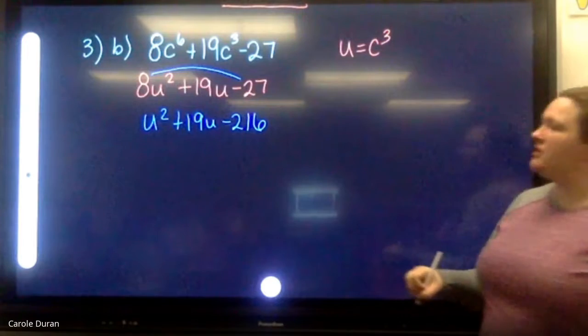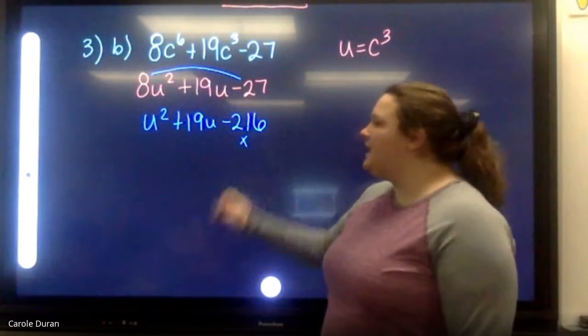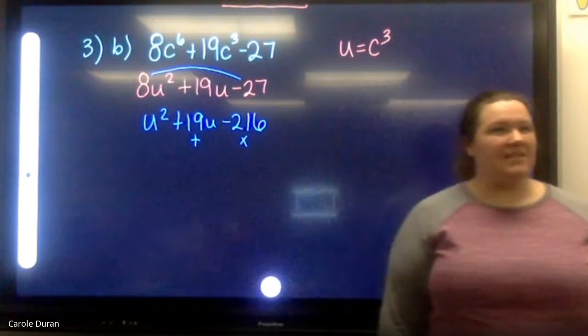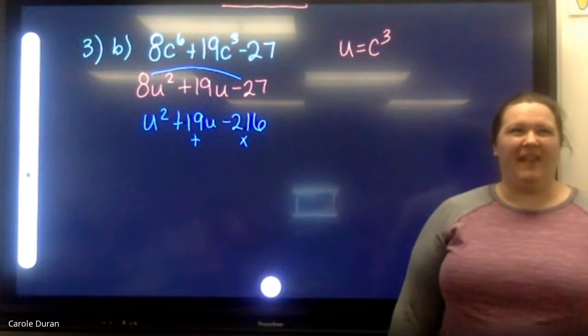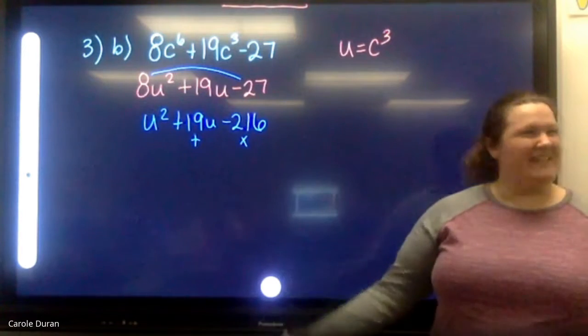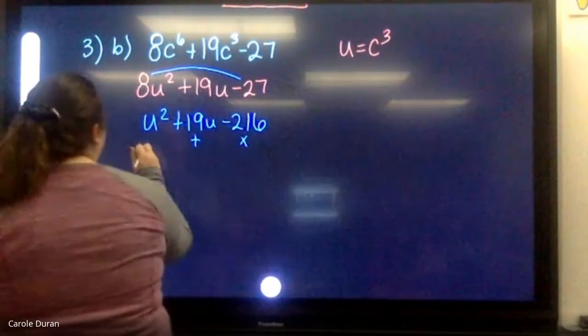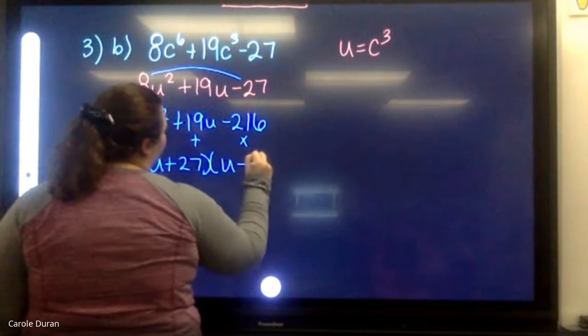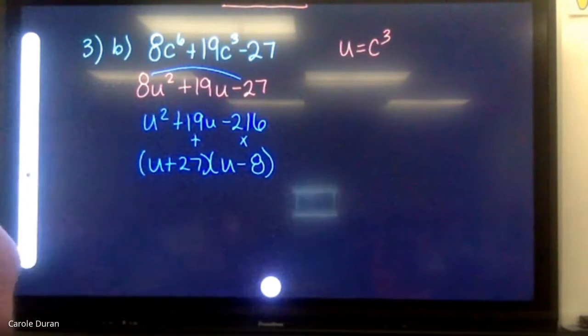So then when I factor this, I'm looking for 2 numbers that multiply together to get negative 216 and add to get a positive 19. Anybody have any ideas? 27 and 8. So this factors into u plus 27 and u minus 8. But what do I need to do next?